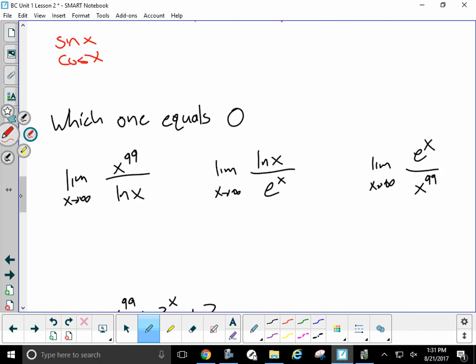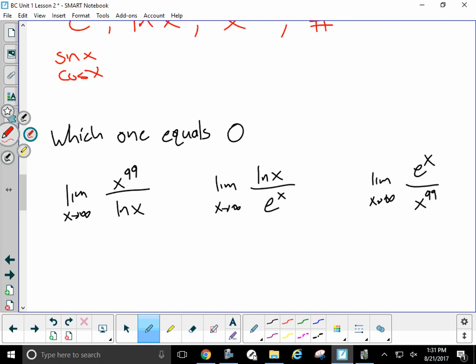So knowing that, we no longer have maybe algebraic means to help things. We have more of the conceptual idea of growth and what grows faster than what. So I can ask you which one equals 0. We have 3 situations. Okay? What I would approach, I'd say x to the 99, that's going to grow faster than log x, which is the slowest growing function.